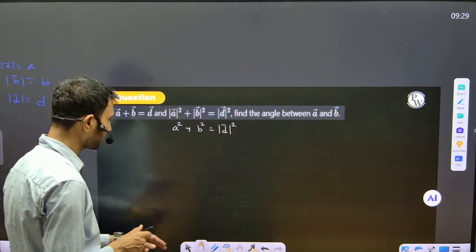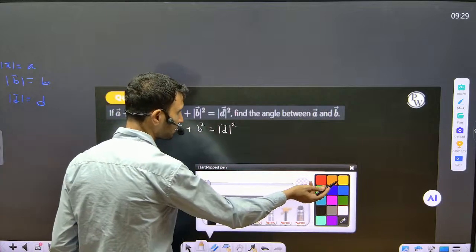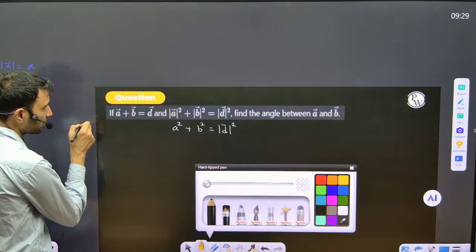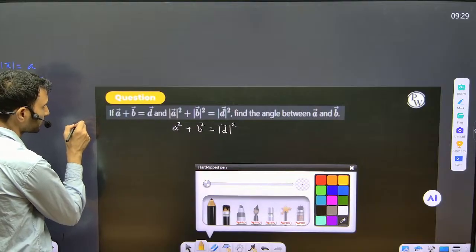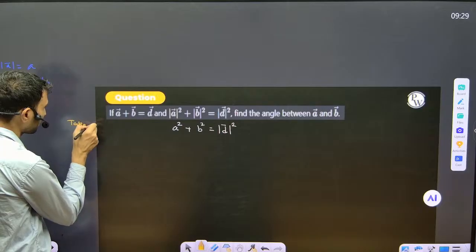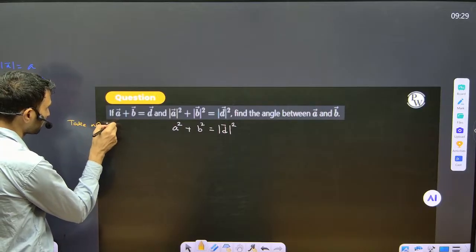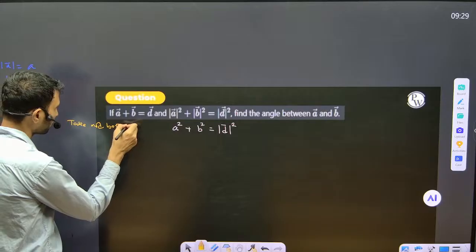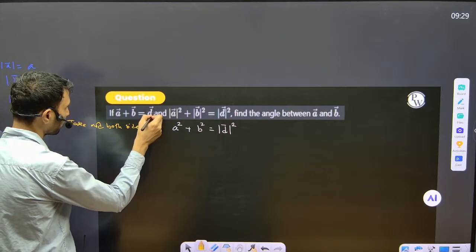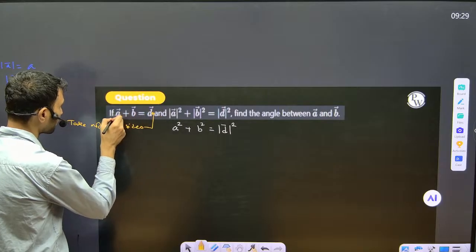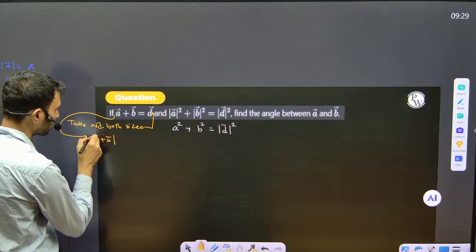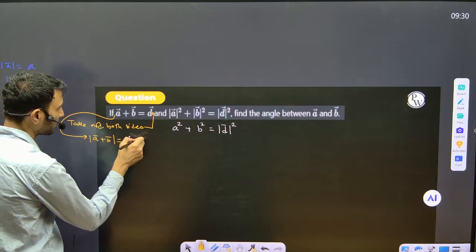We can take mod both sides. So if you take mod both sides, you get mod of A vector plus B vector is equal to mod of D vector.